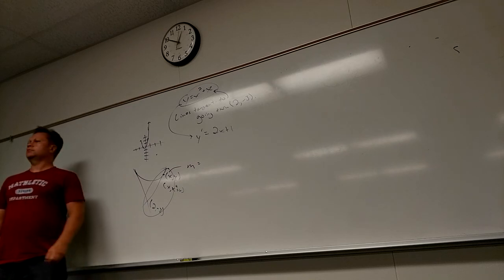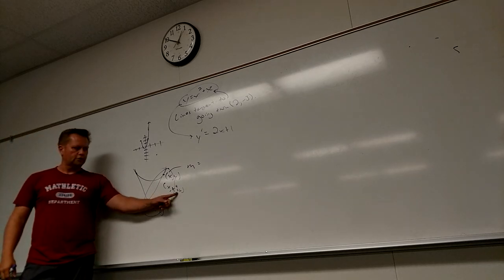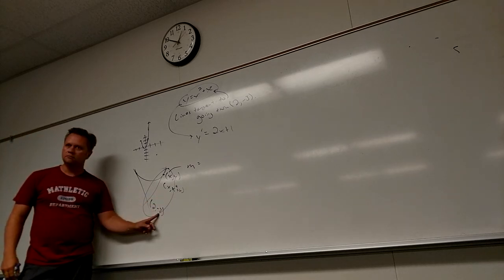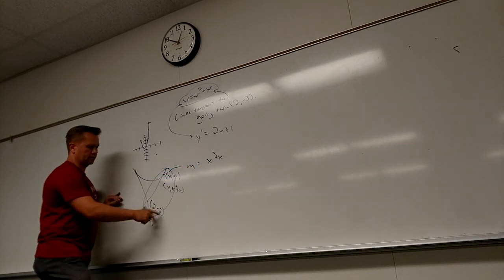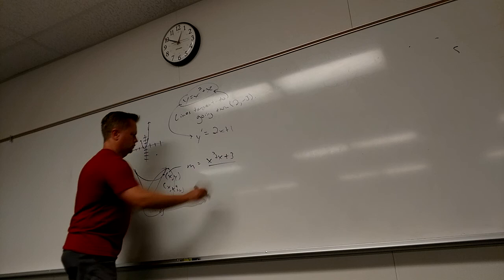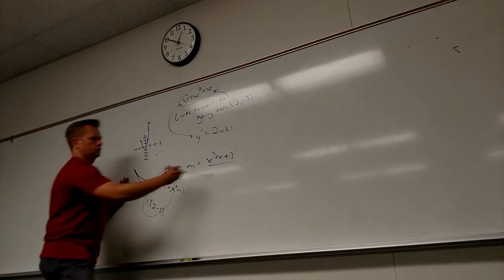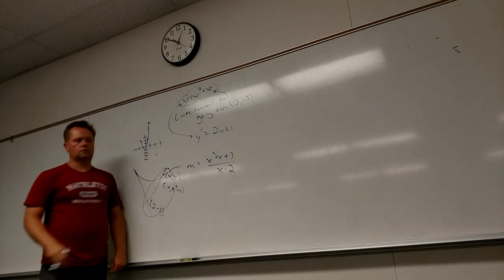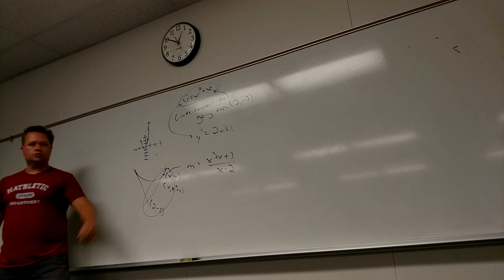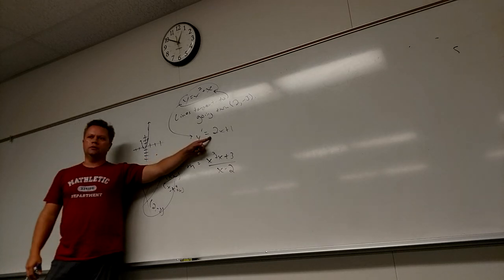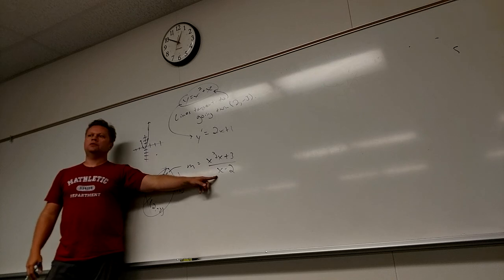How do you find the slope between any 2 points? y2 minus y1. So it'll be x squared plus x minus -3, over x2 minus x1. So that is the slope at any point x. That's what we want the slope to be.